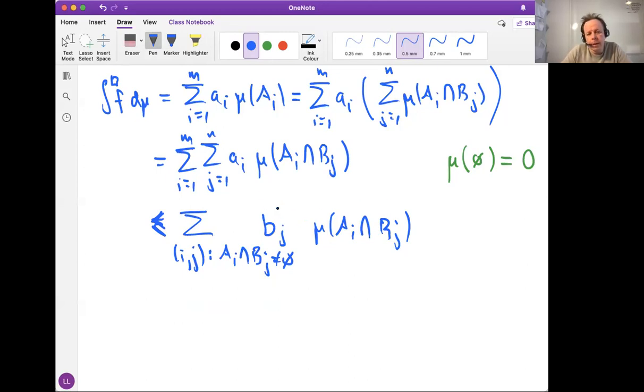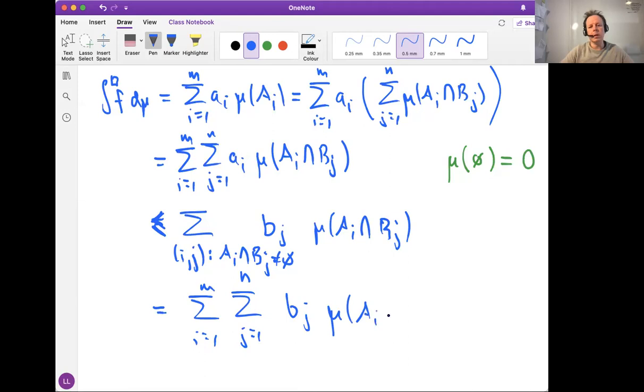So if we increase the value here, we get a bigger value for the total sum. Then we actually ignore this condition again. So we know that this remains the same if we also sum over those where we have zeros here. So we can write it as the sum of Bj times mu of AI intersection Bj again.